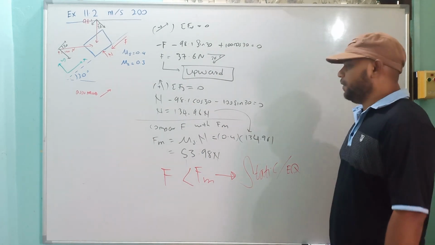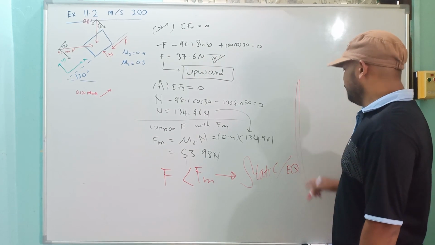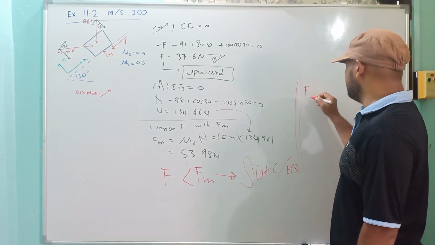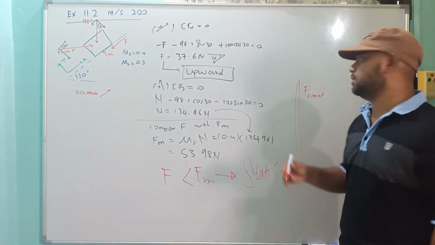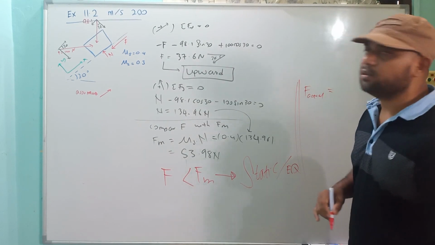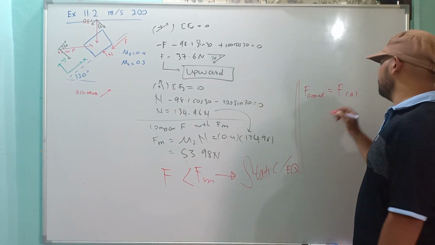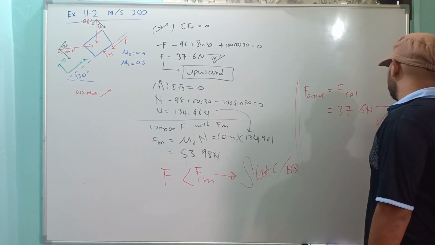Okay, the F is lower than Fm. If the system is in equilibrium, the value of the actual friction force F is equal to the F that we have calculated, so equal to 37.6 Newton.